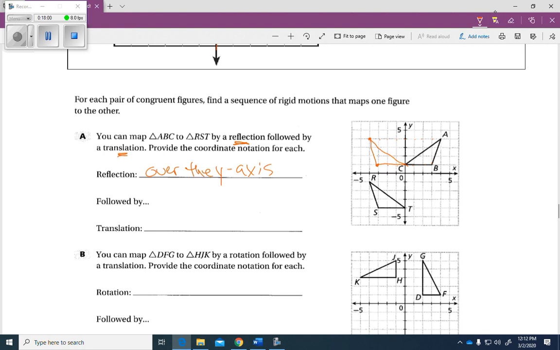And the triangle looks like it's facing the right way now. I just have to slide it downward. How much do you slide it? 1, 2, 3, 4, 5. Followed by translation, 5 units down.